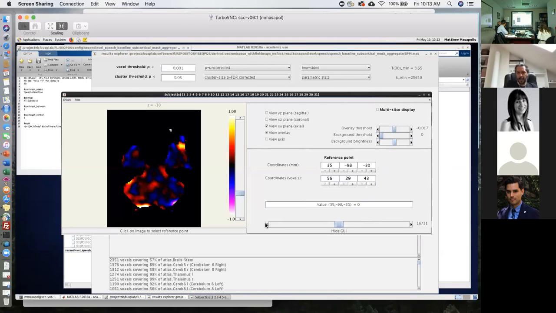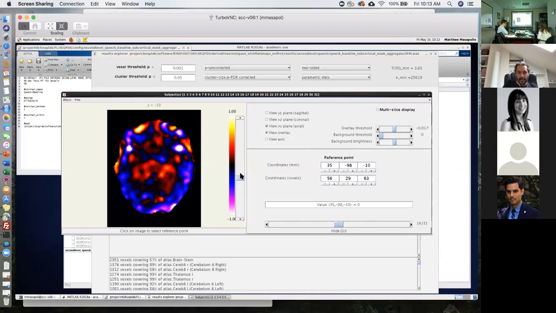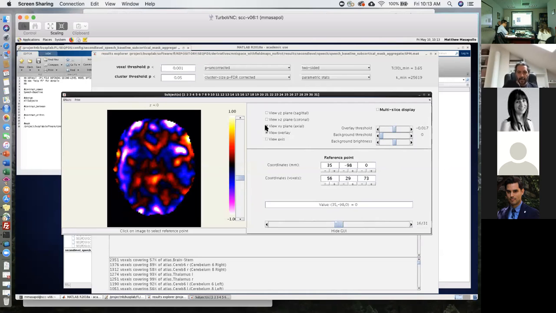That makes sense. I'm curious about how it deals with the ventricles, though, because it doesn't look like they're masked out. Right. Let me see if we can find it then.